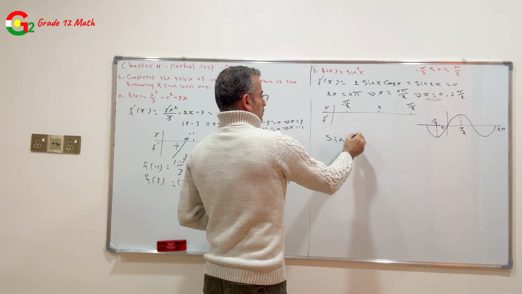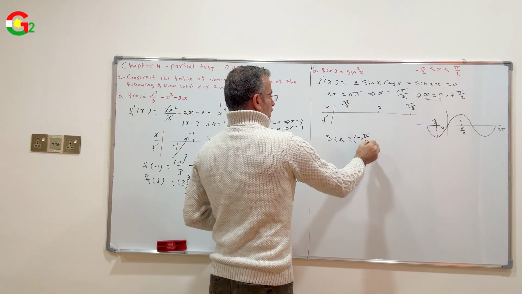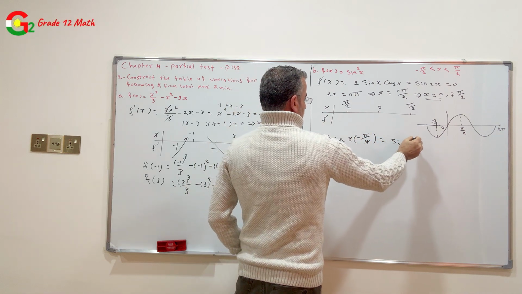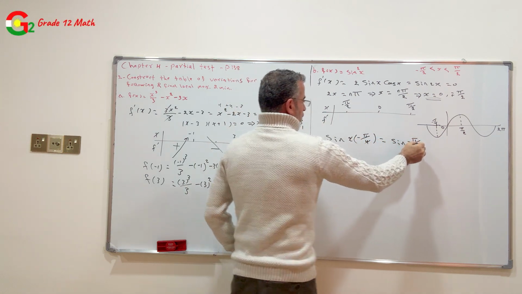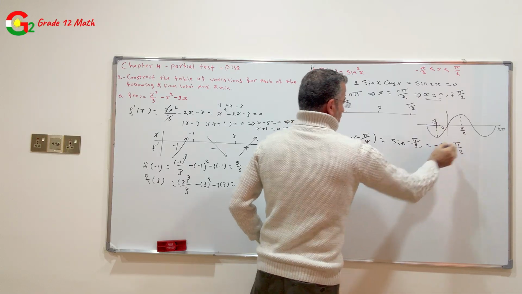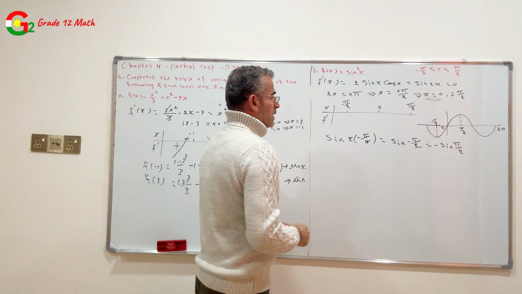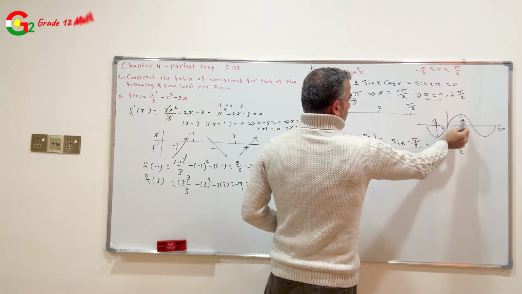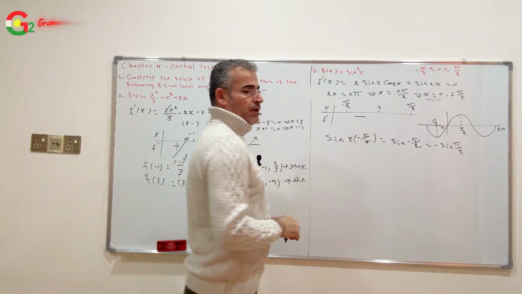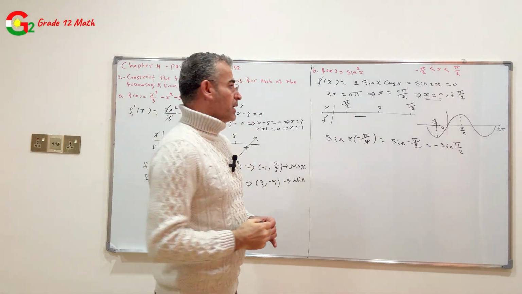Sine 2 times negative pi over 4 equals sine negative pi over 2, equal to negative sine pi over 2, since sine is an odd function. Sine of pi over 2 is positive. Positive times negative, then the sign here is negative.